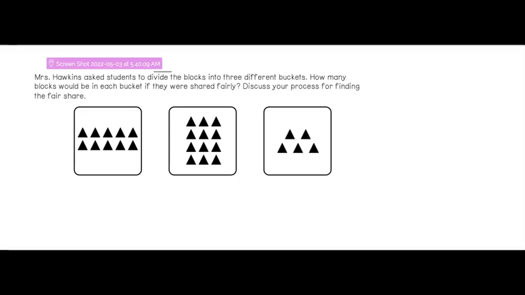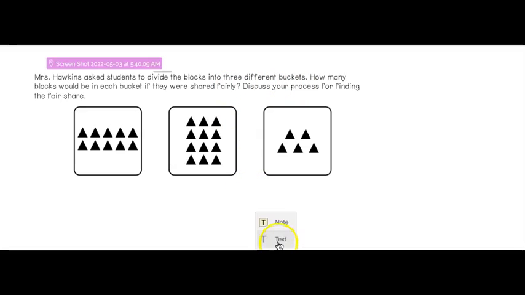Here are our blocks: 2, 4, 6, 8, 10, and then 13, 16, 19, 22, 23, 24, 25, 26, and 27. They're trying to divide these blocks evenly into 3 buckets. So how could they be shared evenly?